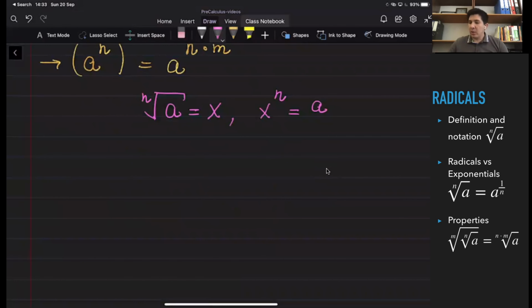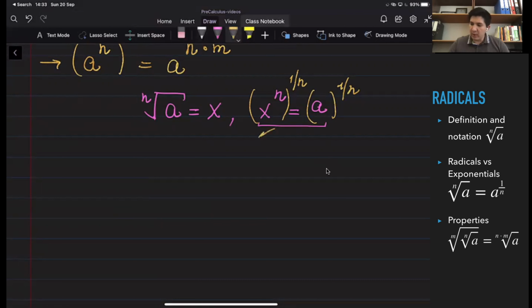Okay, so what I'm going to do is take this equation and take the rational exponential from both sides of this equation. So basically I'm going to get the rational exponential 1 over n from here and 1 over n from here. So let me rewrite this again here.